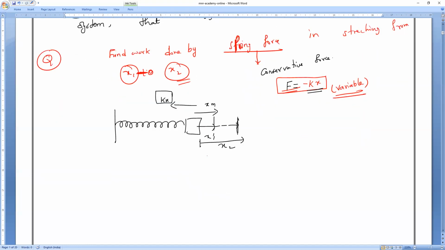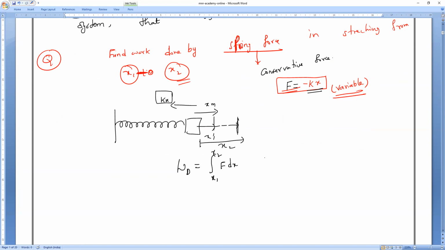Now we have to calculate the work done by the spring. What is the formula? Work done is equal to the integral, with limits x1 to x2, of F dx.